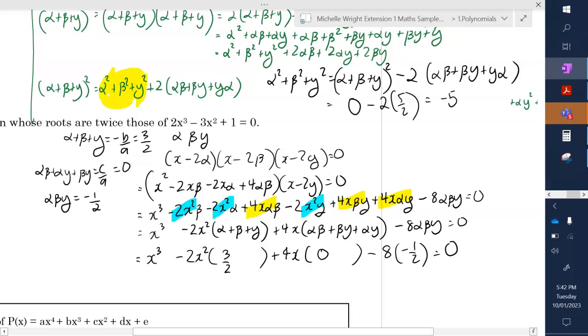Let's just tidy that up once and for all, and we're going to end up with x cubed minus 3x squared. This term disappears altogether, and I'm going to have at the end plus 4 equals 0, and that's my equation.